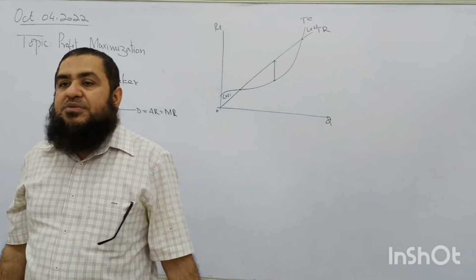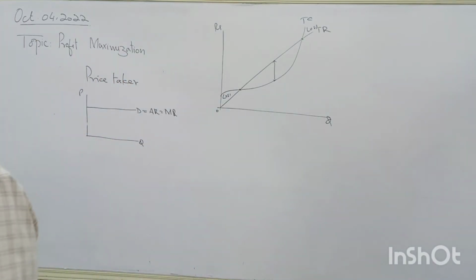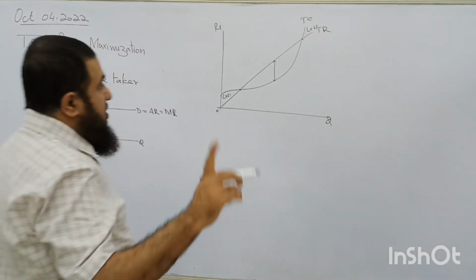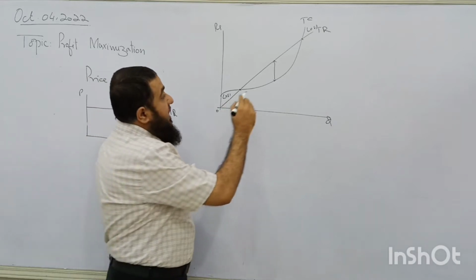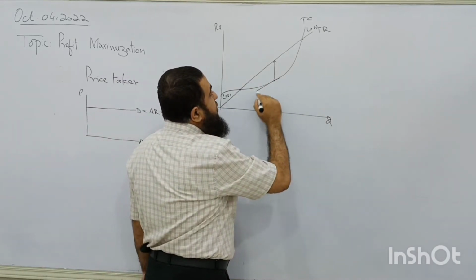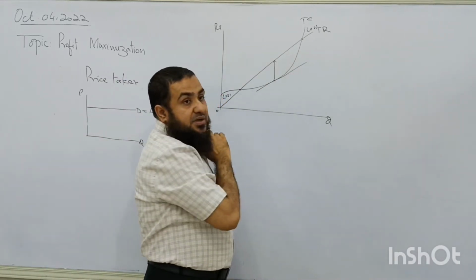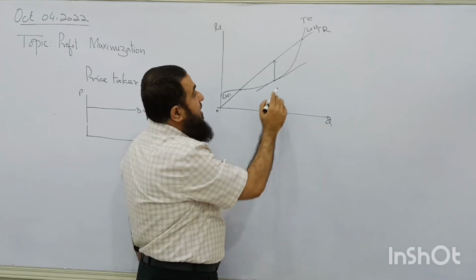Where is the gap maximum? At this point where the gap is maximum, Alina, you are taking mathematics, its slope, if you draw a tangent, its slope is called what?